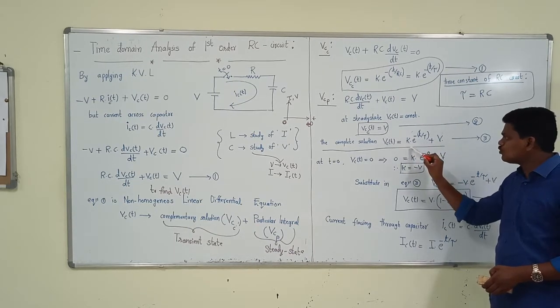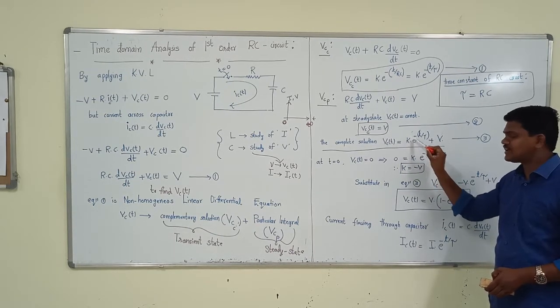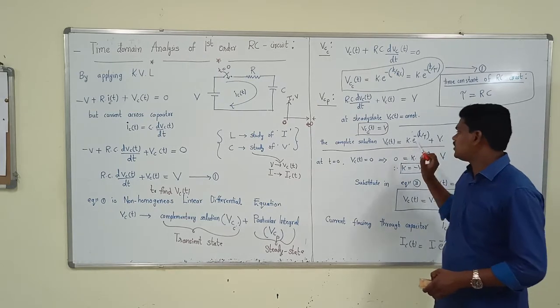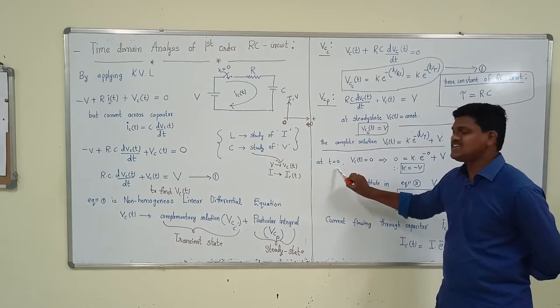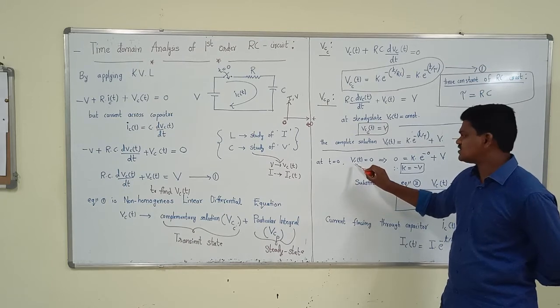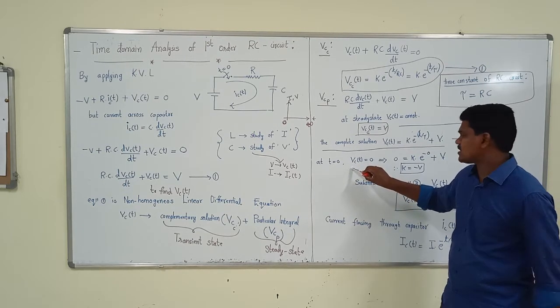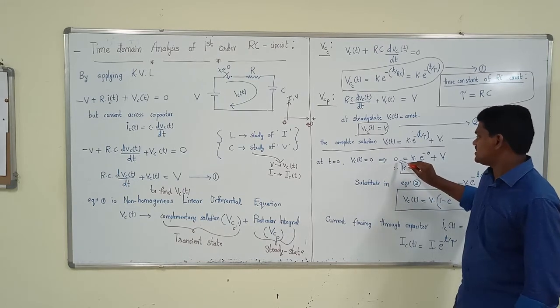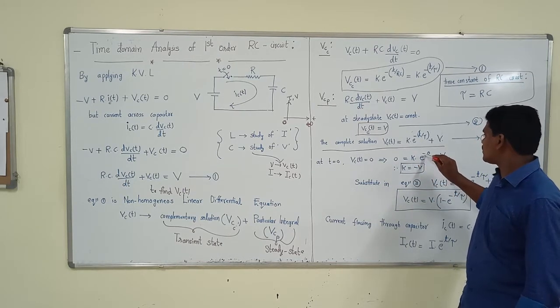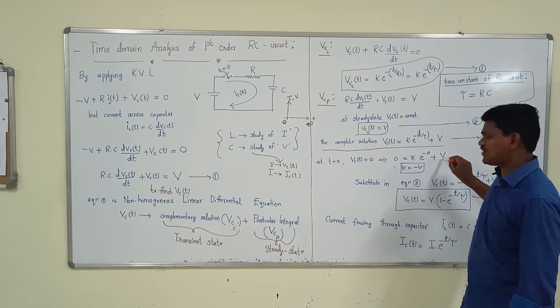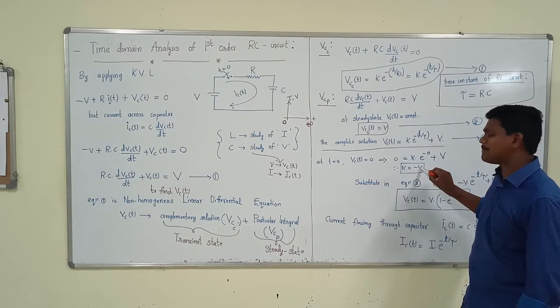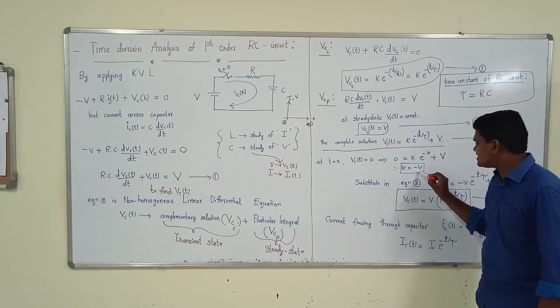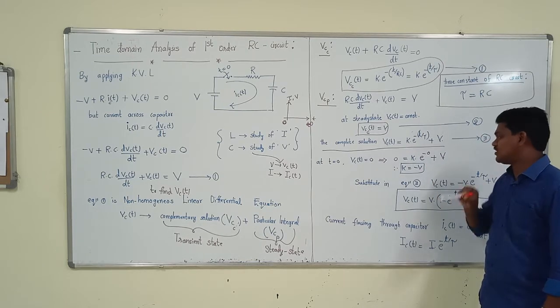In order to remove the k, we will look here. At t equal to 0, generally the voltage across the capacitor is 0. The capacitor acts as a short circuit. That's why 0 equals k into e power minus 0 plus V. Then k becomes minus V. Just write this k value in the above equation.